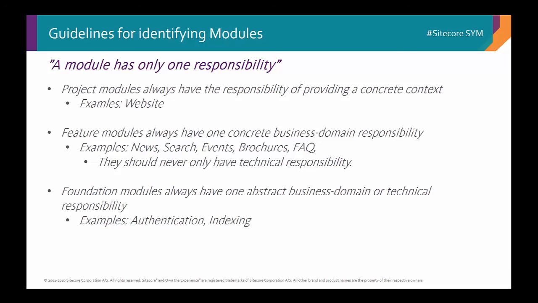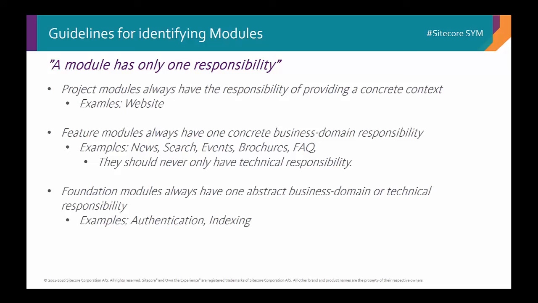Well, some guidelines for identifying modules. First one is a module has only one responsibility. Project layer modules have the responsibility of providing a concrete context. For example, a website, an intranet, a shop, whatever. Website X. Feature modules always have one concrete business domain responsibility. For example, news, search, events, brochures, FAQ, and so on.